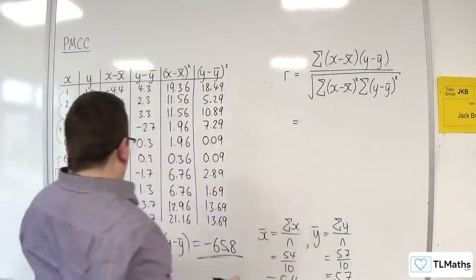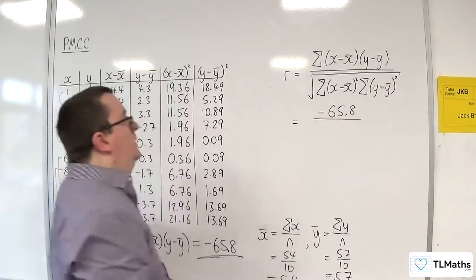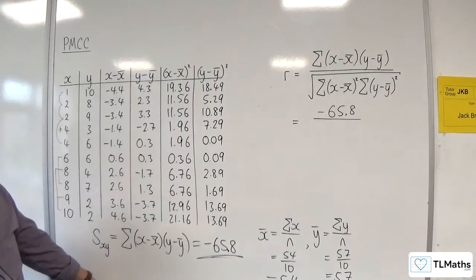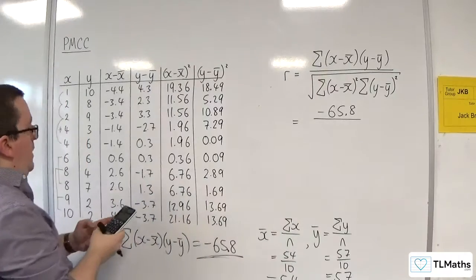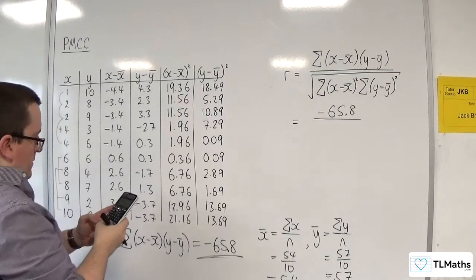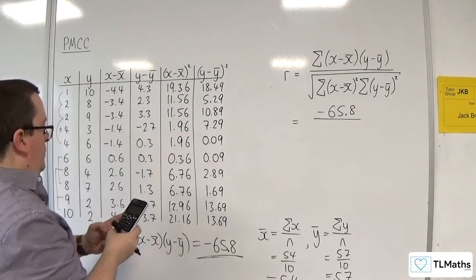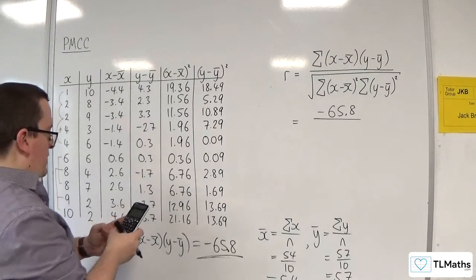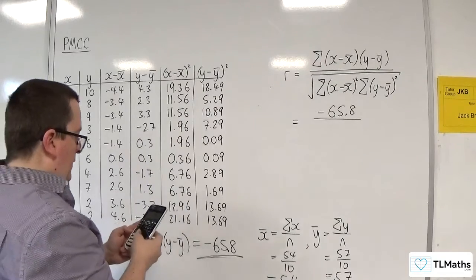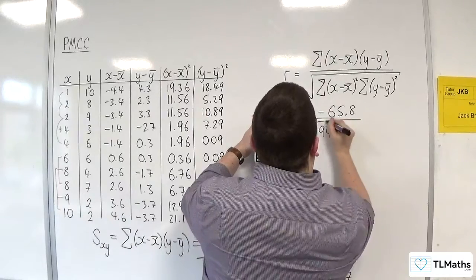Okay, right. So let's work this out then. We've got minus 65.8 in the numerator. Now I need to add all of the x take away x bar squareds together. Lots of opportunities to go wrong on this. 6.76 twice, 12.96 plus 21.16. Right, I get 94.4 for that.